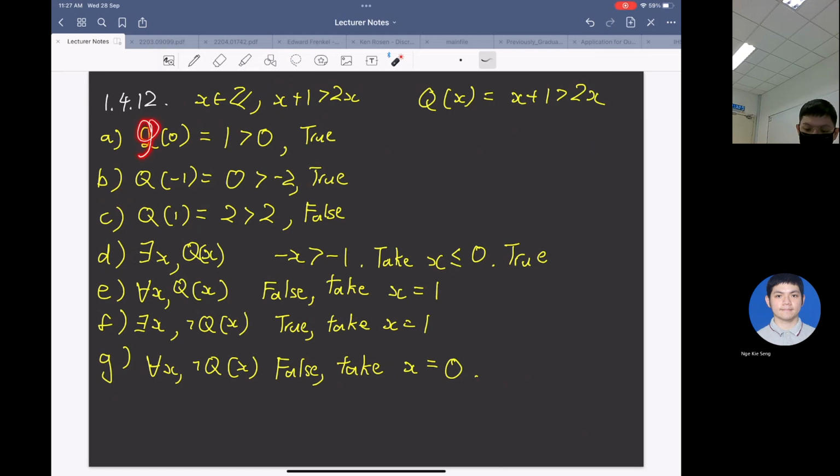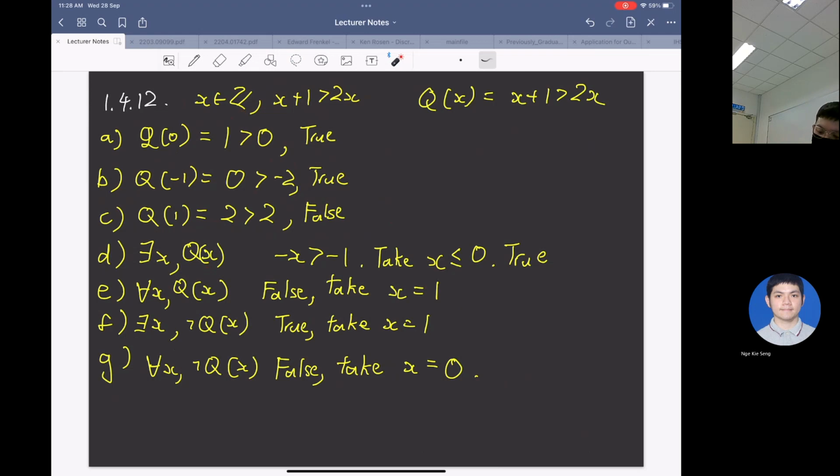Q(0) is 0 plus 1 greater than 2 times 0, which is 1 greater than 0, true. Q(-1) is 0 greater than minus 2, which is true. Q(1) is 2 greater than 2, which is false.